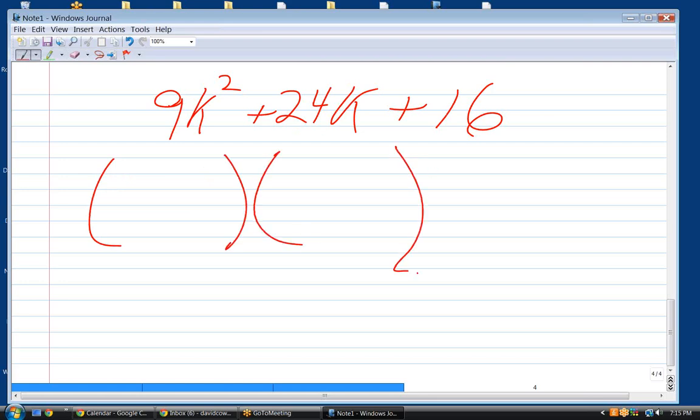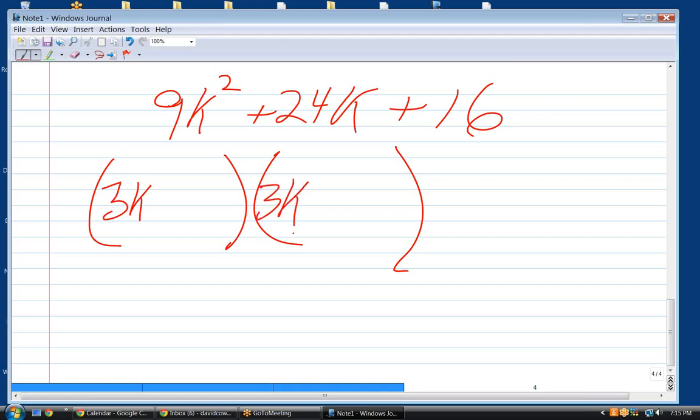Is there any greatest common factor we can take out? No, there's not. Okay. So, how are we going to start it? We have to find a greatest common factor, right? There isn't one. In other words, it's like a regular quadratic. Start by splitting up this. So what about 3 and 3? Yeah.